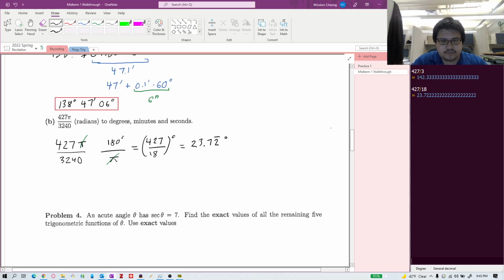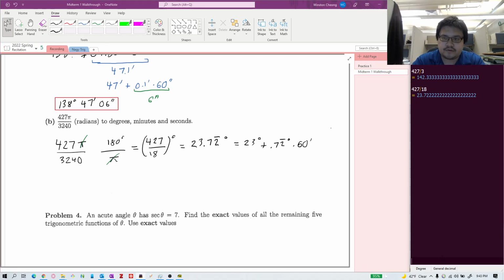All right, so I'm trying to do the decimal version. Okay, so we have 23, and we can do the same process as above. We can split this into the 23 degrees plus the 0.72 repeating degrees, which we would multiply by 60 minutes.